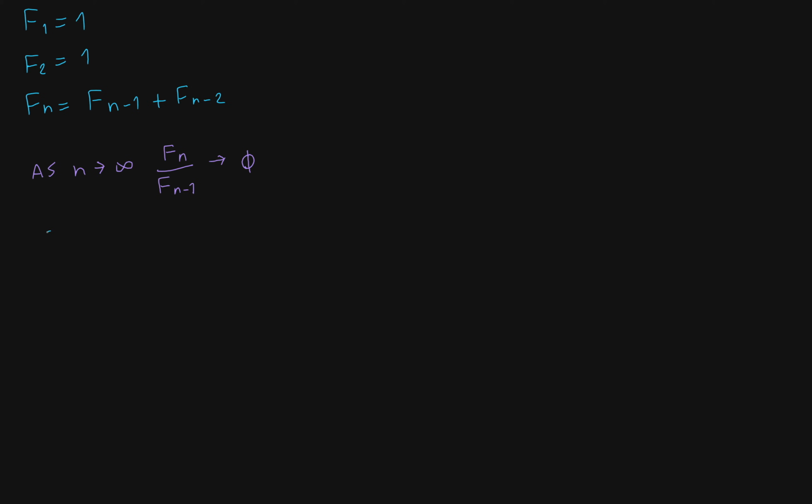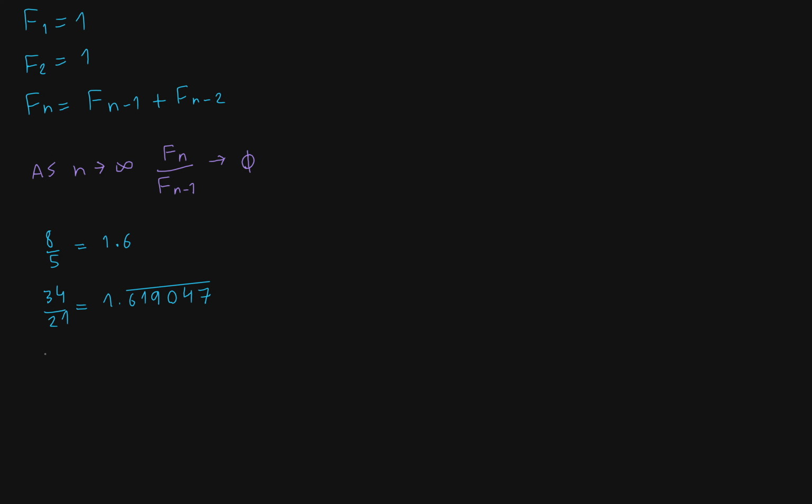Well, we have, say, 8 over 5. This is going to be equal to 1.6. Then 34 over 21, which is going to be equal to 1.619047, and this is all repeated.